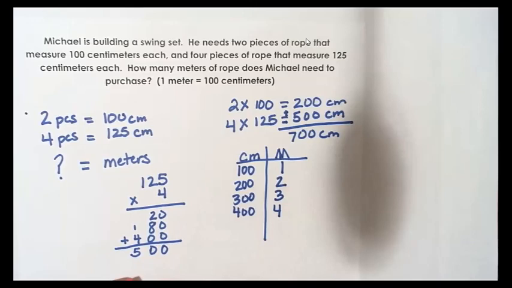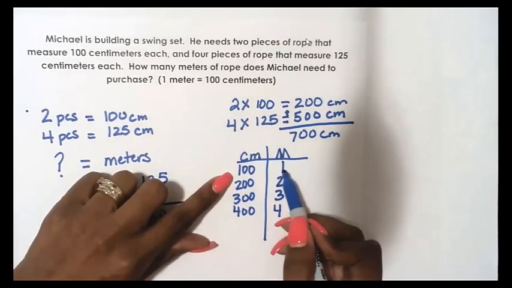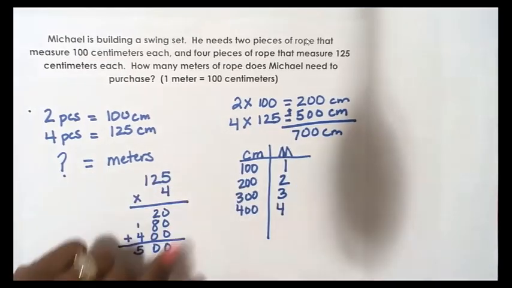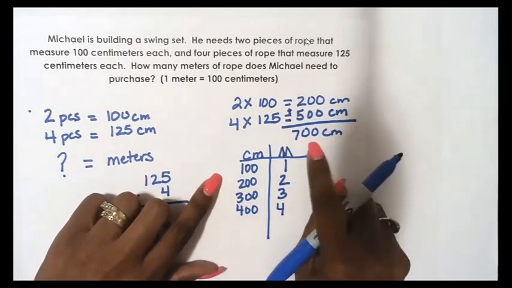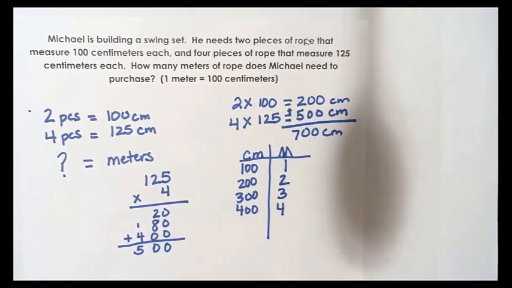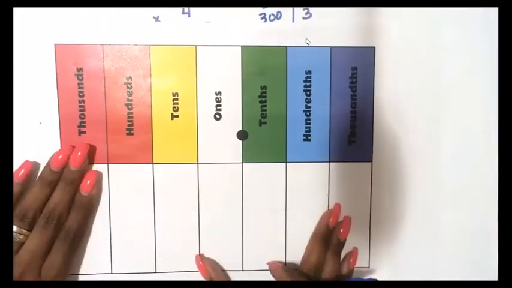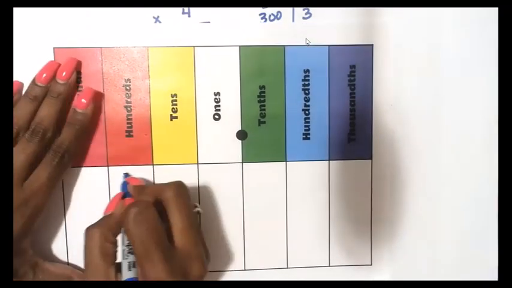Now, I could continue going on to 700, but I noticed something. I noticed that the value of my centimeters is 100 times more than the value of my meters. I want to use my knowledge of powers of 10 to determine how many meters are in 700. So I know Michael needs 700 centimeters.